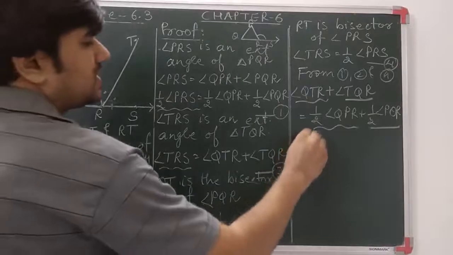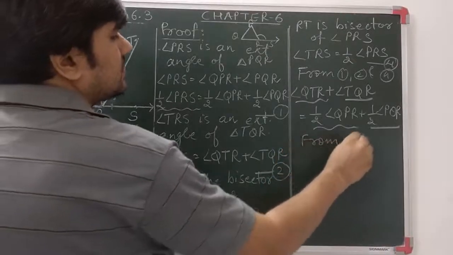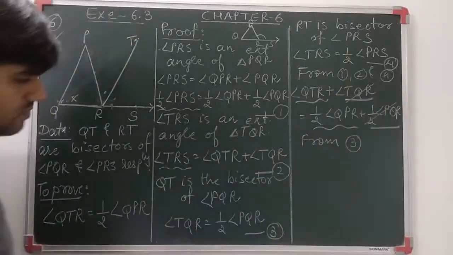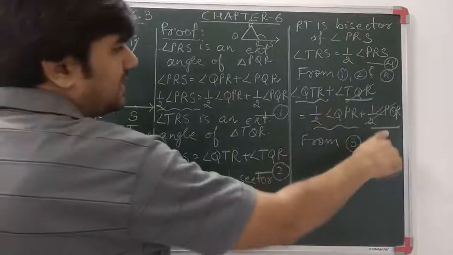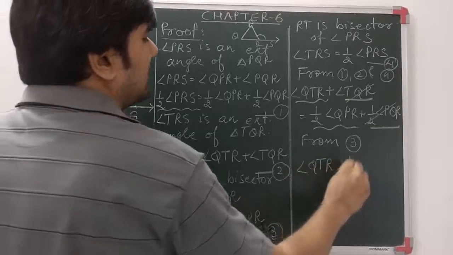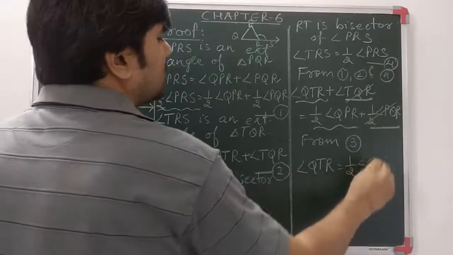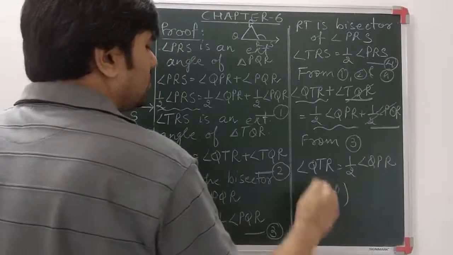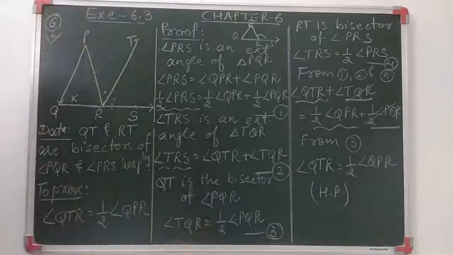So from equation 3 we can cut this, as I told you. Both the sides are equal, so we can cut it. So at last we obtain QTR is half of QPR. Hence we proved it. It is one of the most important questions and there is a good chance that this will come in the examination. Thank you.